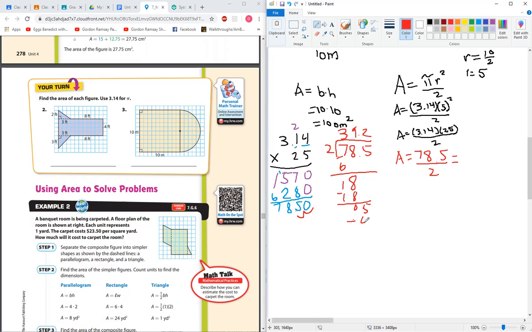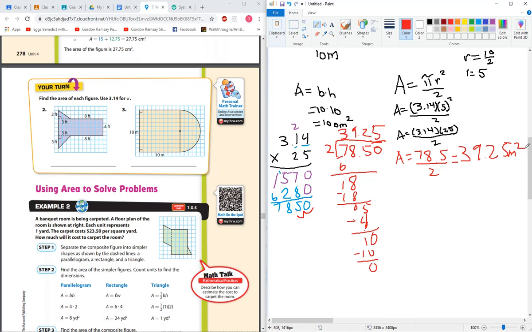So that's 4. 5 minus 4 is 1. And then if I'm not done, I need to just plop a 0 there, right? So I drop the 0 down, and then 10 divided by 2 is 5. And I'm done. So the final answer is 39.25, what is it, meters? Meters squared for the circle.